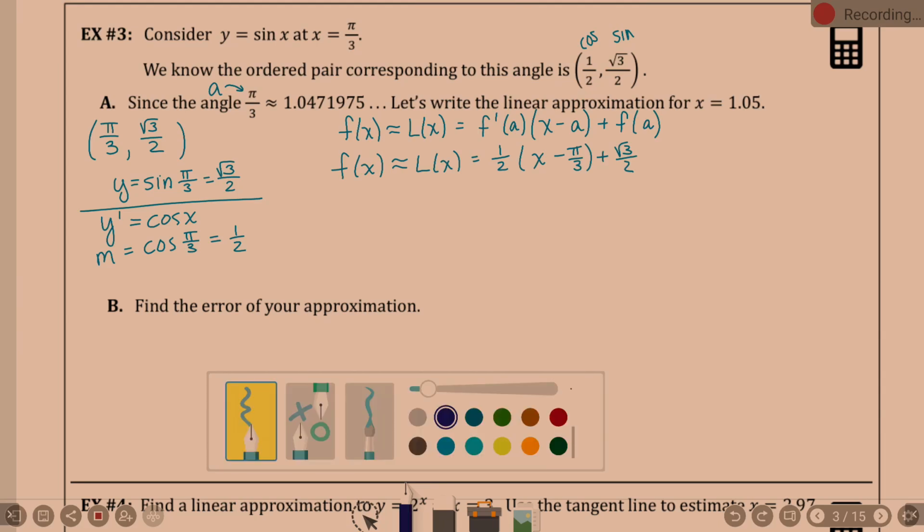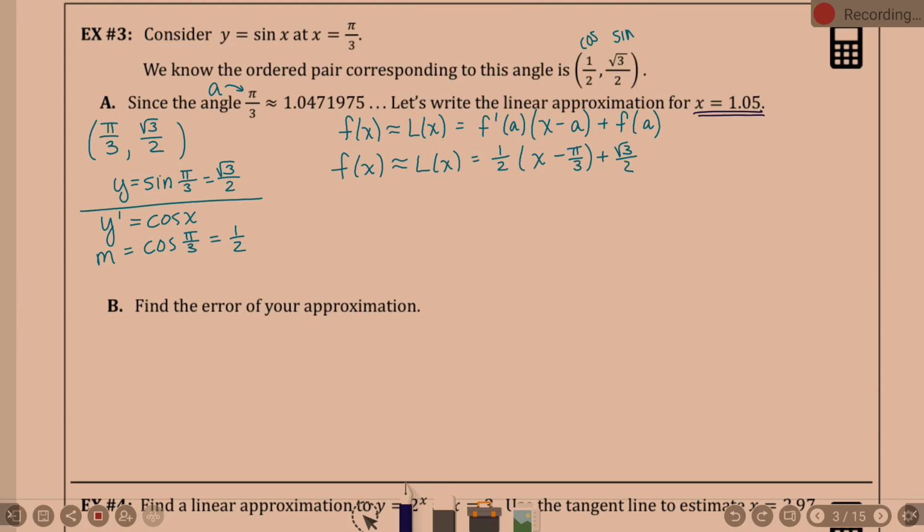What did they ask us to find? X is 1.05. So they're asking us to find the linear approximation at 1.05. Now, you can stay fractions, you can go decimals. It's 1/2 in place of x, 1.05 minus pi over 3, plus square root of 3 over 2.